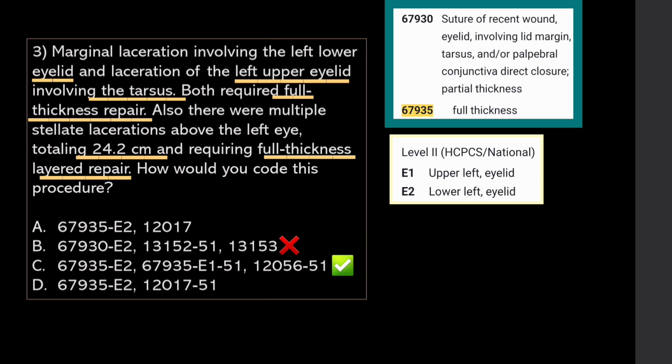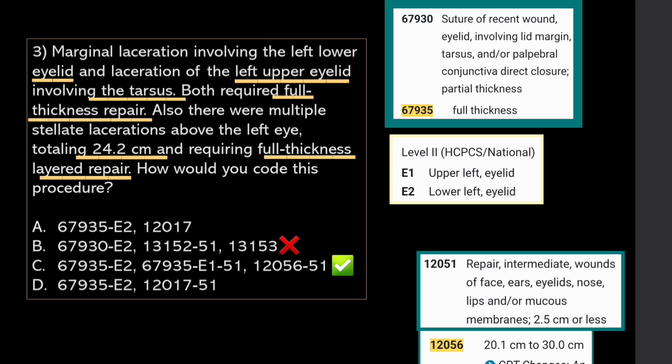The code 12056 is for repair intermediate wounds of face, ears, eyelids, nose or lips. The anatomical location is eyelid and the size is 24.2 cm. Therefore, we can use the code 12056. They have appended modifier 51 to indicate multiple procedures performed during the same session. The right answer is option C.